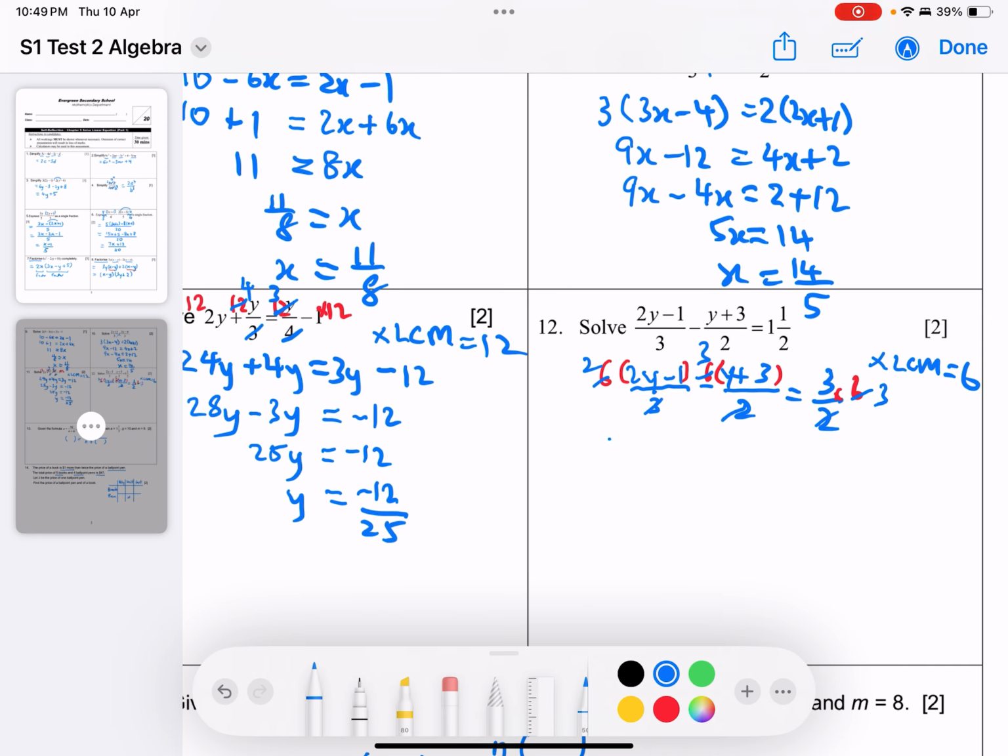And now we have 2 times 2y minus 1 minus 3 times y plus 3. On the other side, 3 times 3 is 9. So opening up, we have 4y minus 2 minus 3 times y, and minus times plus is minus 3 times 3 is 9.